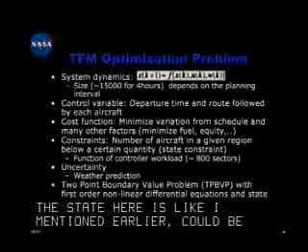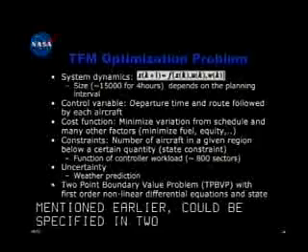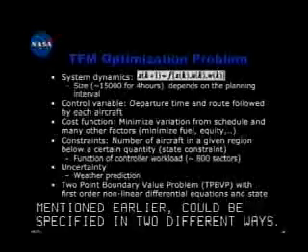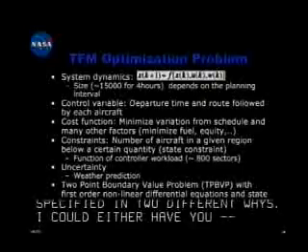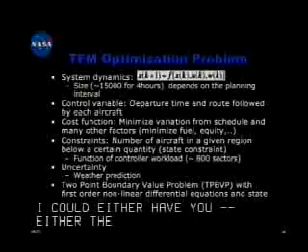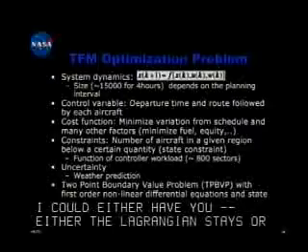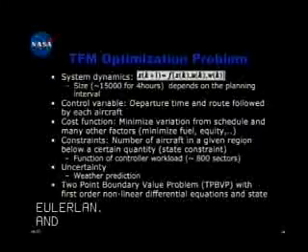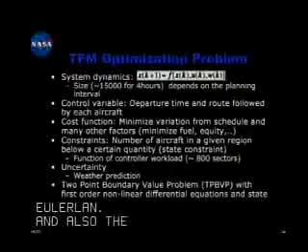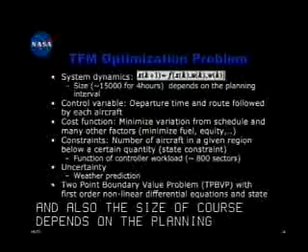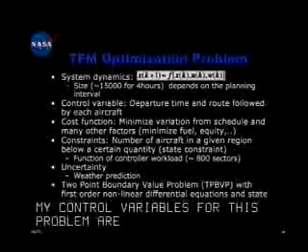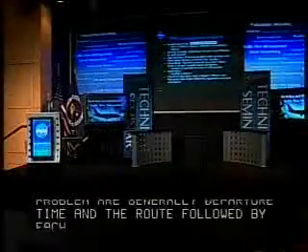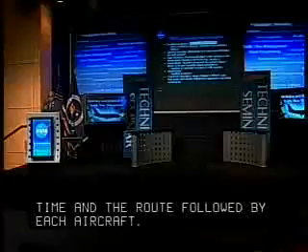I could have either the Lagrangian state or the Eulerian, and also the size, of course, depends on the planning interval. And my control variables for this problem are generally departure time and the route followed by each aircraft, or the rates of departure in the strategic model.